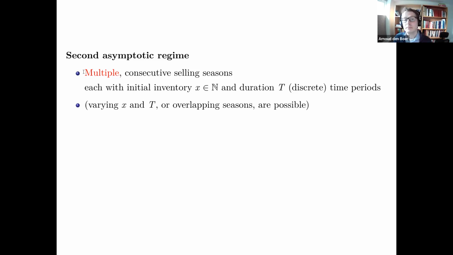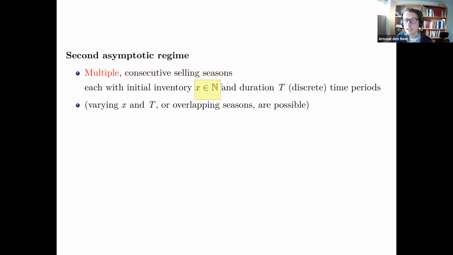So in another regime, we have multiple consecutive selling seasons. Like he goes to the flower auction periodically, and you have many other applications where inventory is replenished periodically. That is the key.